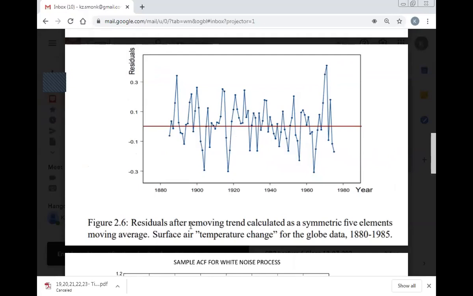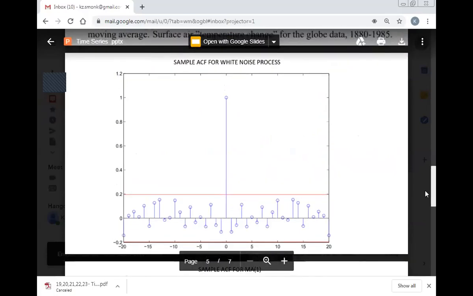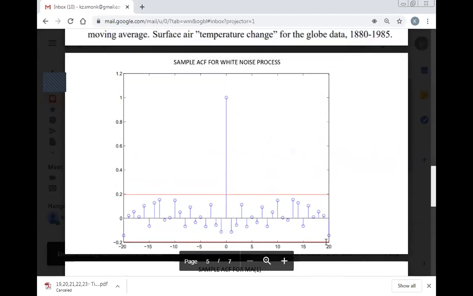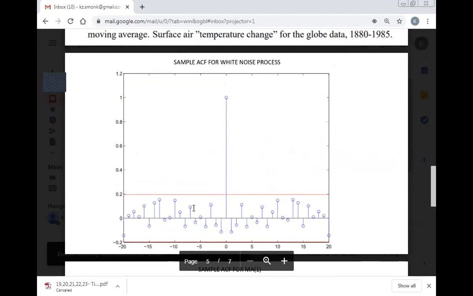Then there was this next graph, which shows you the sample autocorrelation function for a white noise process. So this is how the graph would look. Let's say I have 20 data points. I know that at max, only one of these points can go beyond this interval that I have here.